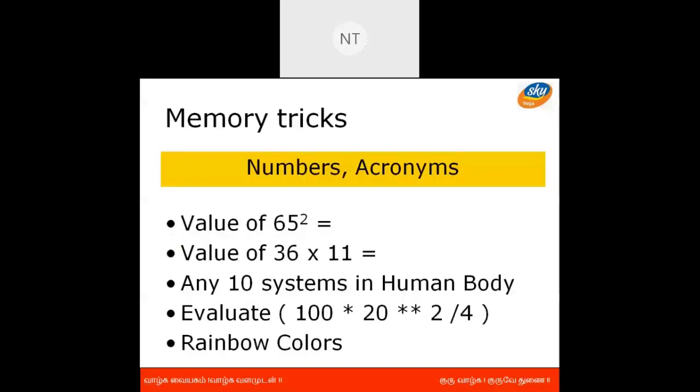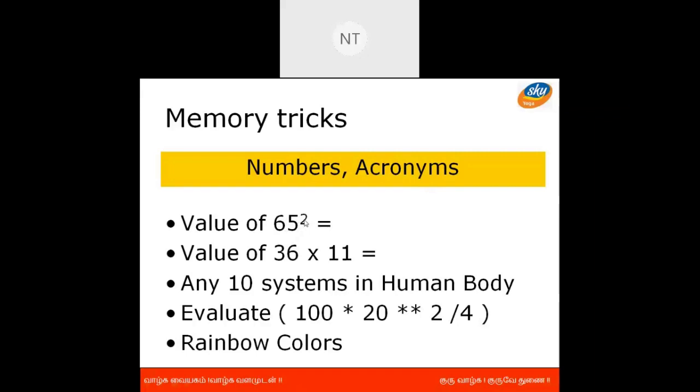Okay, before we go into that title, let us have a look at this small technique that we can use in our day-to-day life, especially for our kids, for education and so on. Let us say I ask you, what is the value of 65 square?